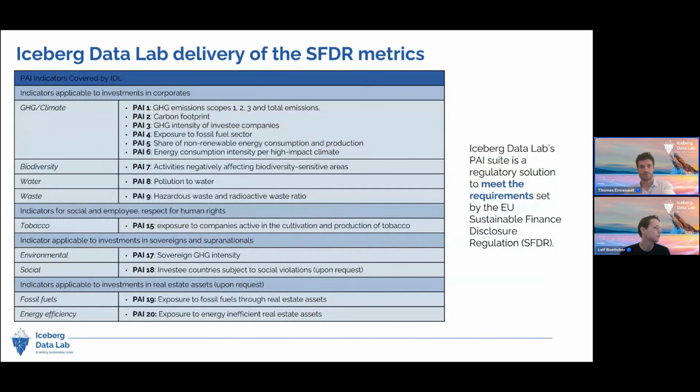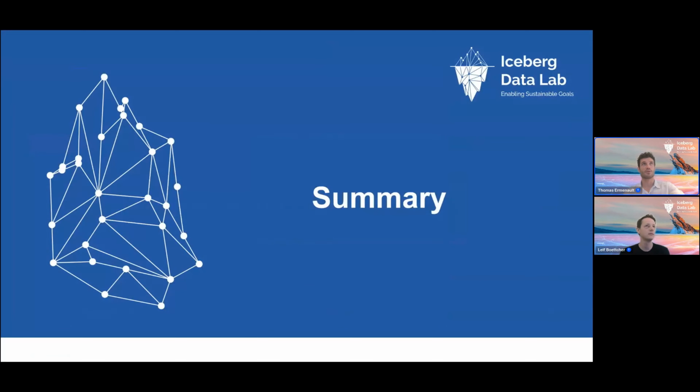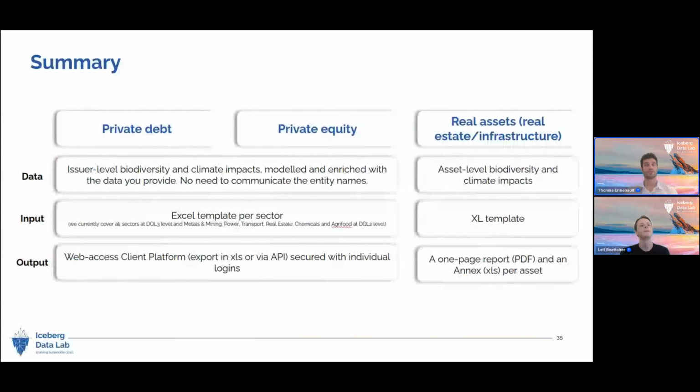Perfect, thank you, Live. That was very clear. So let's have a brief summary of what we offer. So for private debt and private equity, real assets, we understand that we need to produce some data, issue level biodiversity and climate impacts, modeled and enriched by the data you provide.